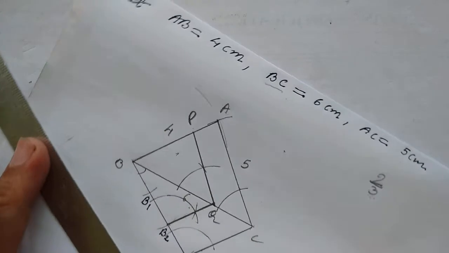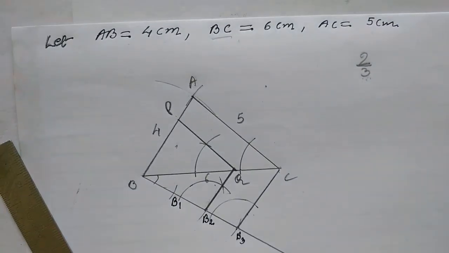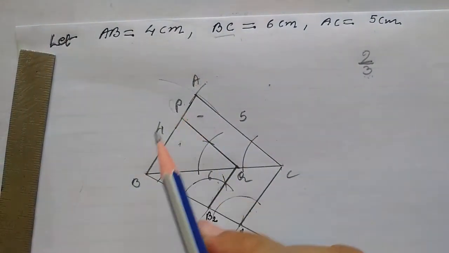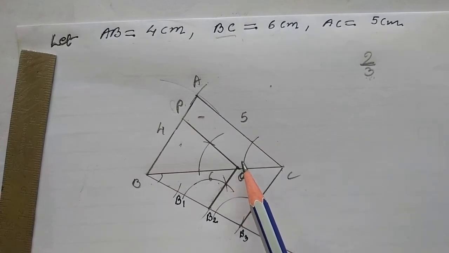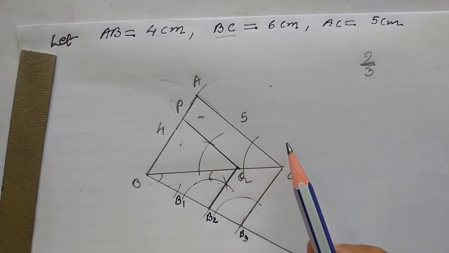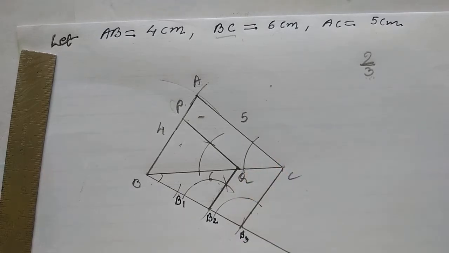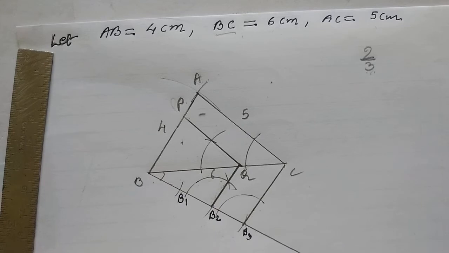This is P. So now children, PBQ is our required triangle. That is 2/3 of the corresponding sides of the first triangle. So now children, the steps you write down yourself.